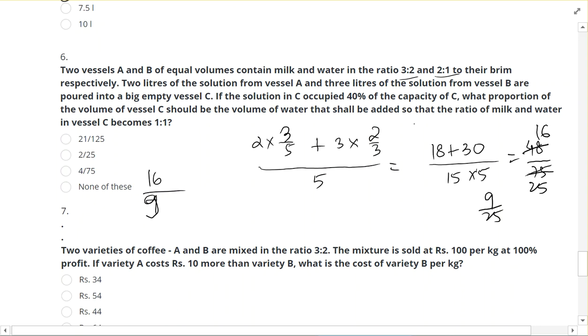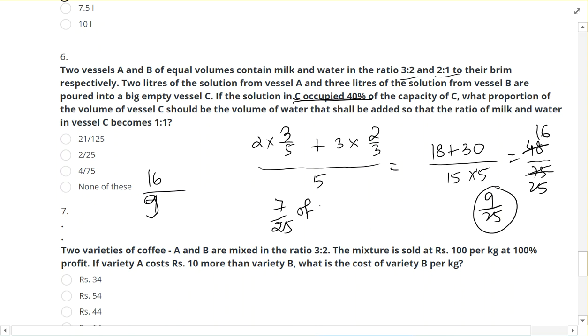Out of that 40% which is occupied, 9 by 25 is basically water. And we have to make the ratio 1 is to 1. So we have to add more 7 by 25 of that 40%. So 7 by 25 of that 40, then it will be 16 by 25, that will be equal to milk.